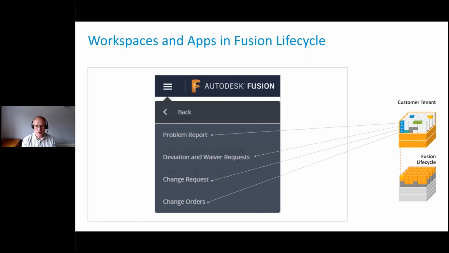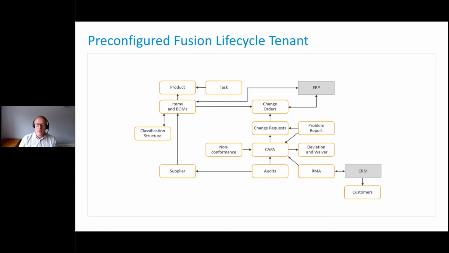There are different workflows in different areas. You have your quality management workflow, your field service, your equipment management. There are various different workflows that you can utilize within the environment. So they've put together a Fusion Lifecycle tenant out of the box, and these processes, this is an example of the process.